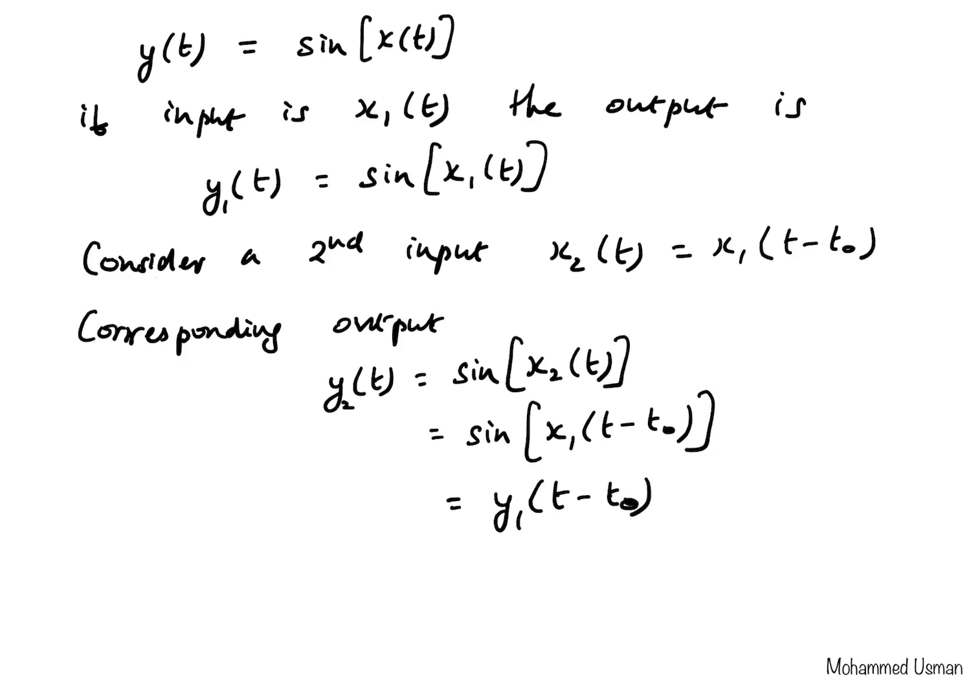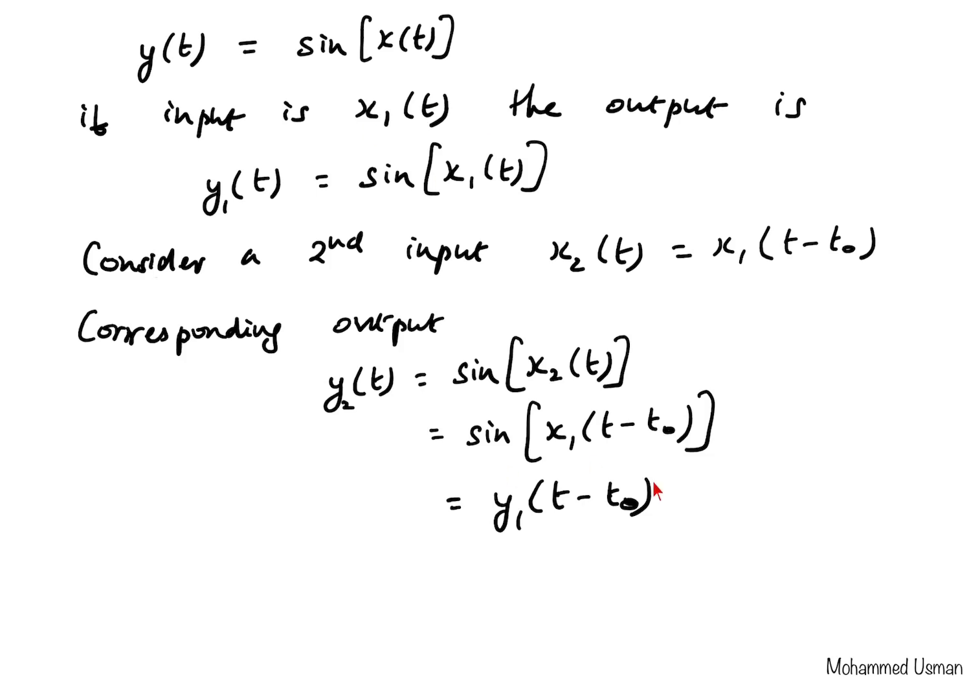So what we notice is that when the input is shifted by a certain amount t naught, then we get an output which is also shifted by the same amount. When x1 of t has been shifted by t naught, y1 of t is also shifted by the same t naught, and in the same direction as well. So y2 of t is y1 of t minus t naught. So basically y1 of t minus t naught is equal to sine of x1 of t minus t naught, which is what we have here, right?